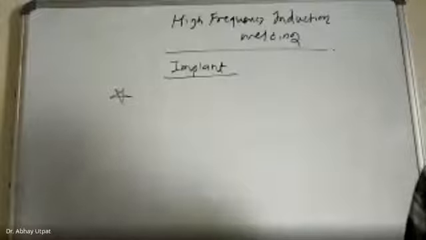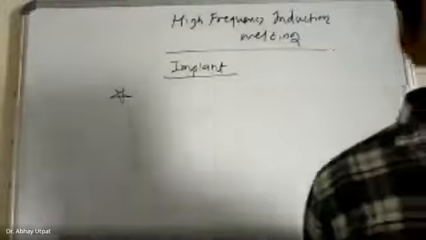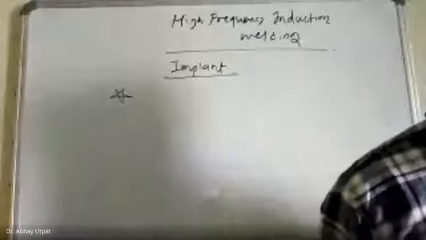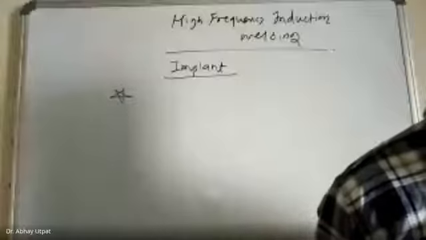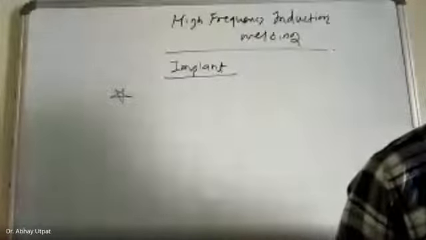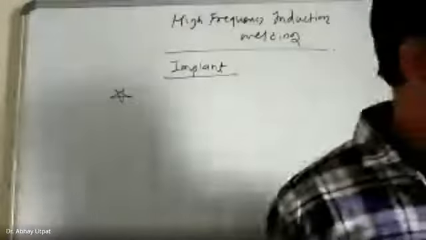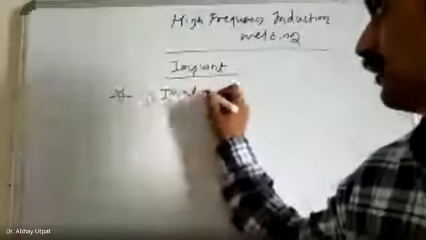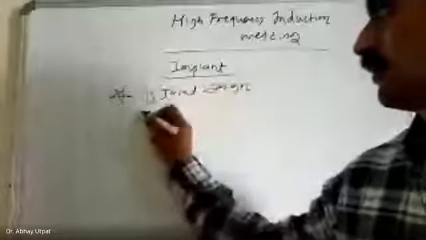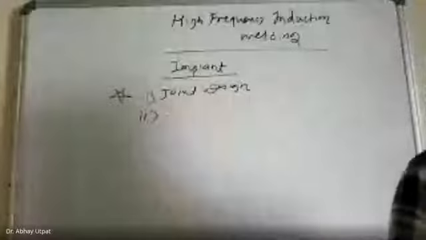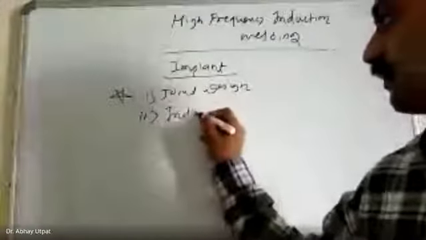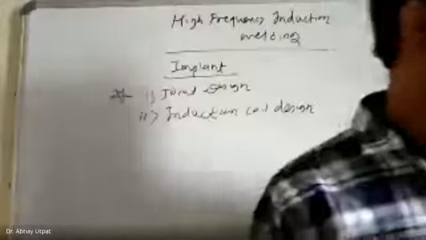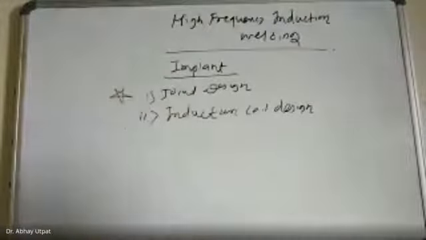Now, next line. The important considerations of bond quality in this welding are joint design and induction coil design.